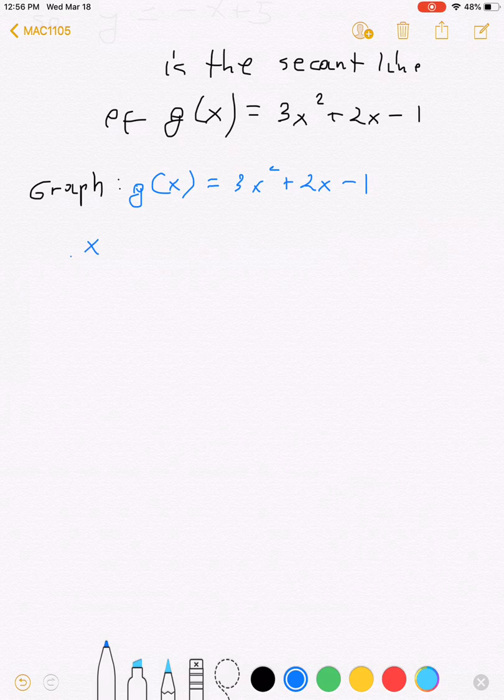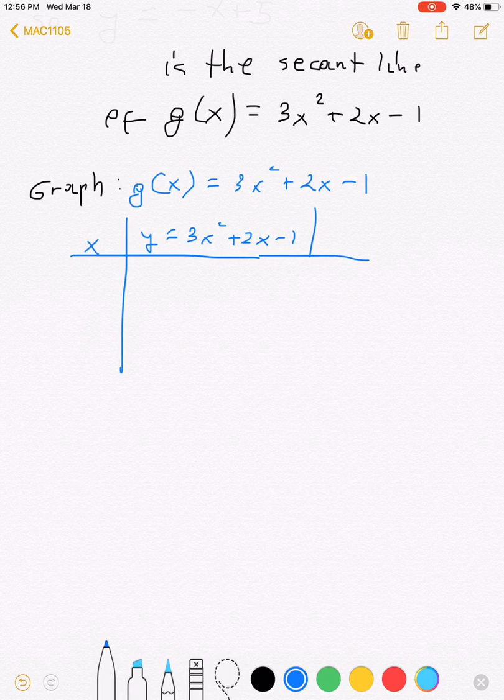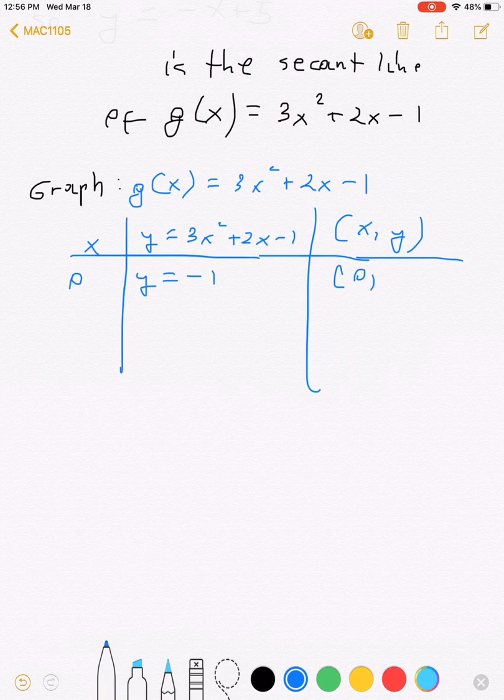So we have x, we have y equals 3x squared plus 2x minus 1, and we have 2 points x and y. We have to find the coordinates. We're going to talk about those types of functions again, but right now when x is equal to 0, y will be equal to -1, so we have a point 0 comma -1.